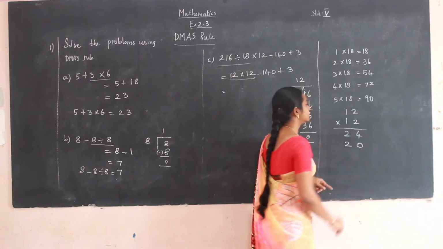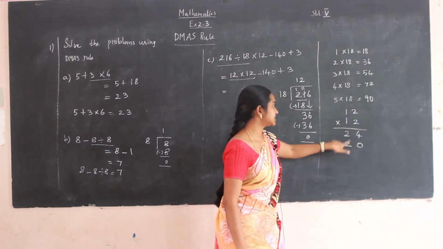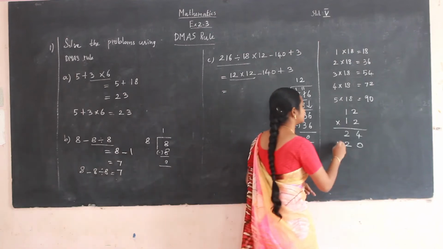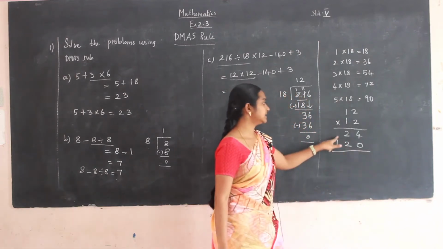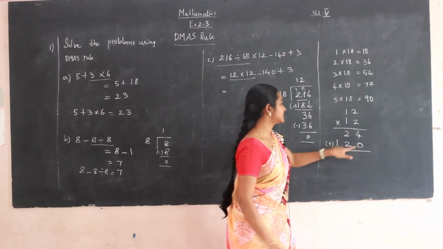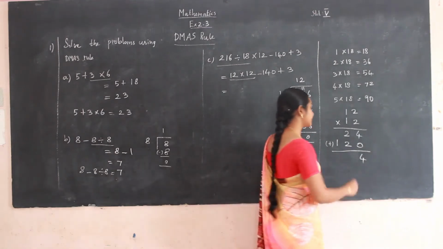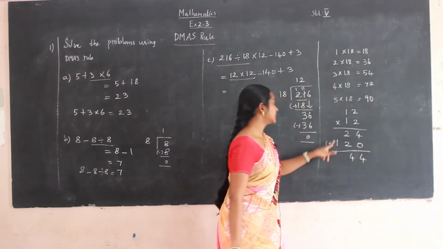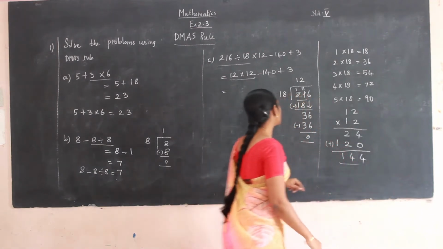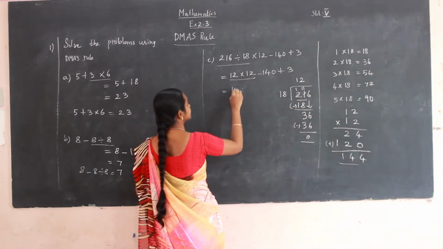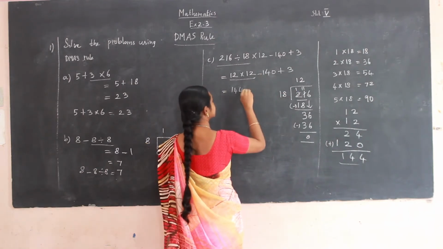Put 0 in the first place and start writing from the second place. 1 2 is 2. Add these two numbers. 4 plus 0 is 4. 2 plus 2 is 4. Here we don't have any number, so write 1 as it is. So 12 into 12 is 144. Write the remaining as it is.